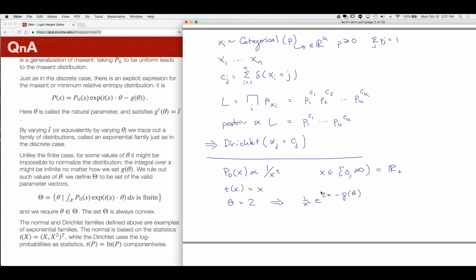Now, can we compute a g of theta so that this is normalized to be a probability distribution? The answer is no, because e to the 2x increases really, really quickly. Its integral is infinite, and so there's no way to compute a finite number g of theta to normalize this. So we cannot have theta equal 2 in this situation.